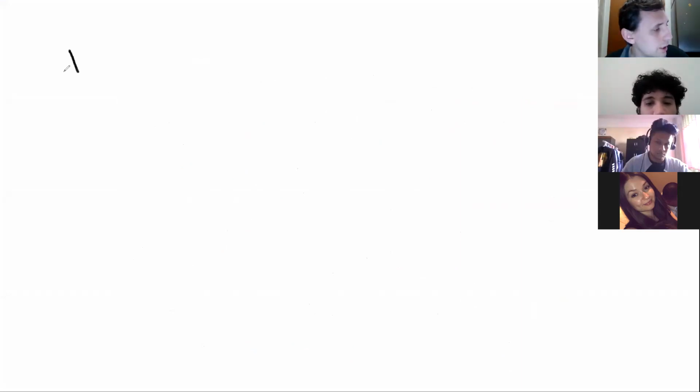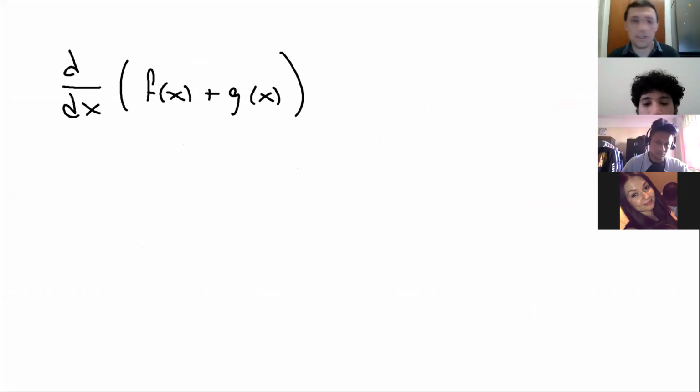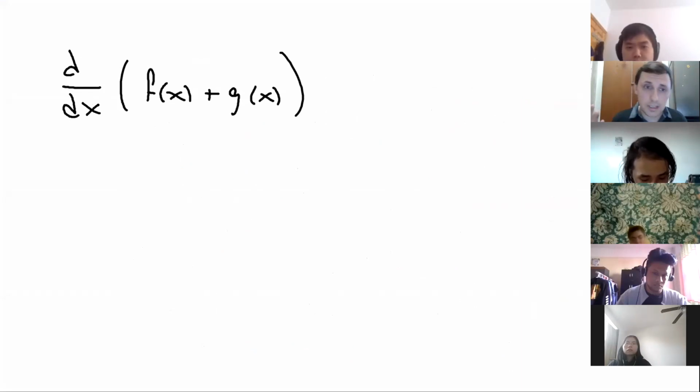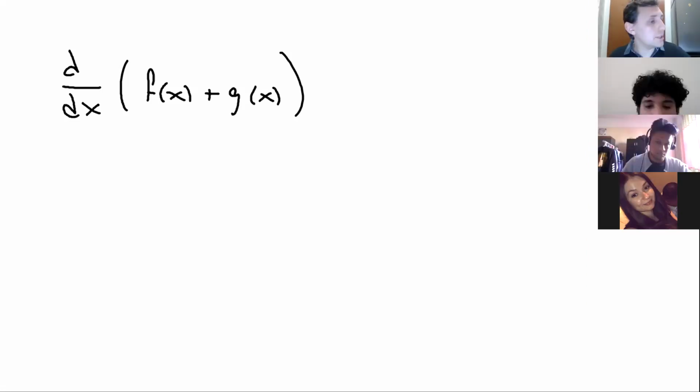If I ask you to take the derivative of f(x) plus g(x), you understand the idea is abstract. I have one function that I know how to differentiate separately, and I have another function that I know how to differentiate by itself. Now, what's the derivative of the sum? Tell me what expressions will I be searching for when I set it up?